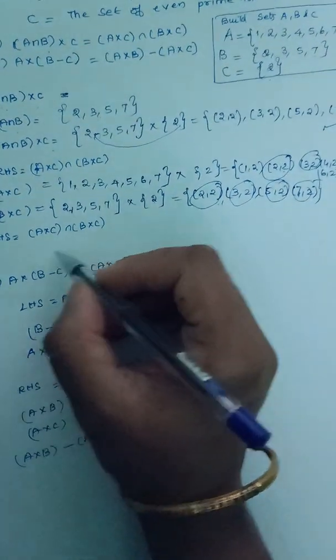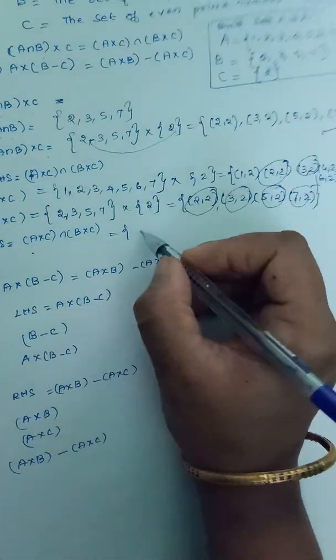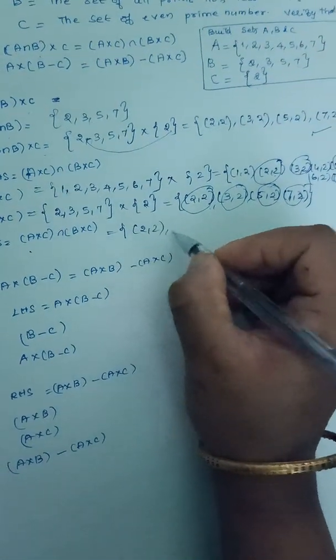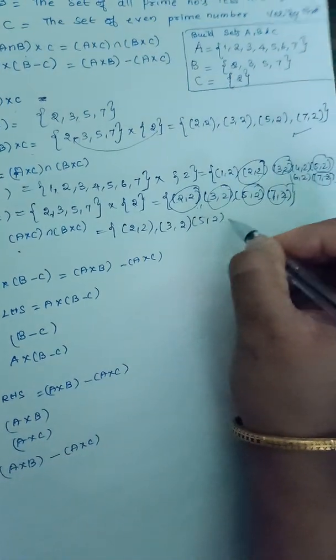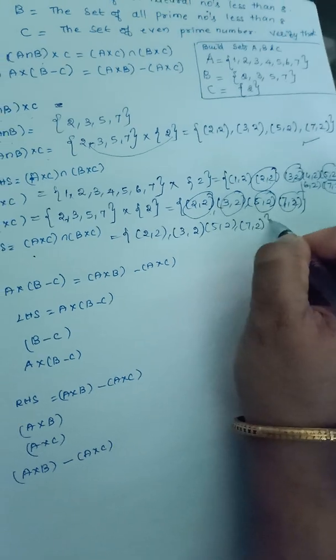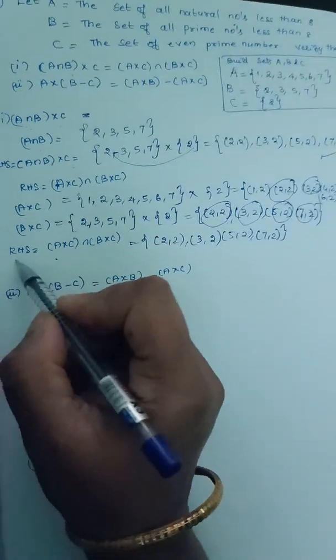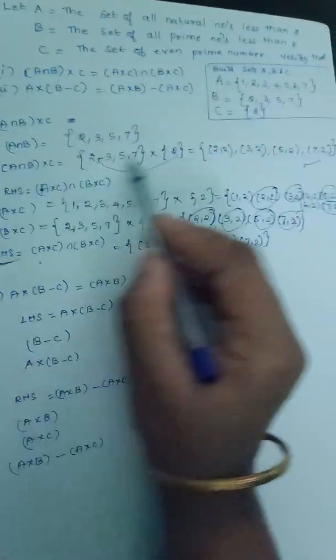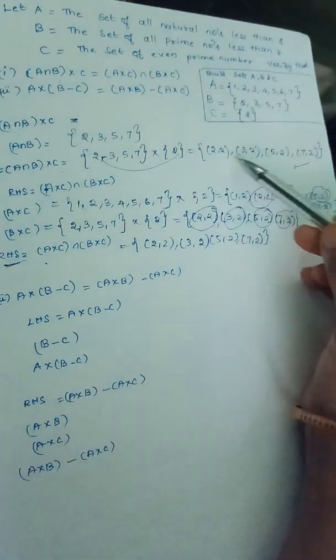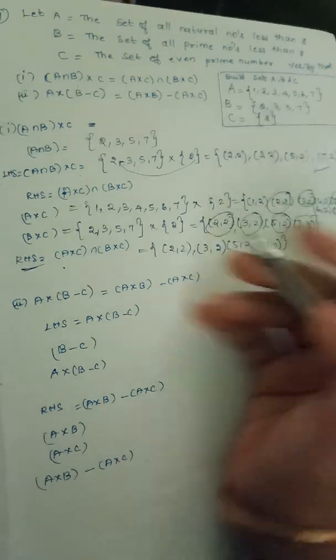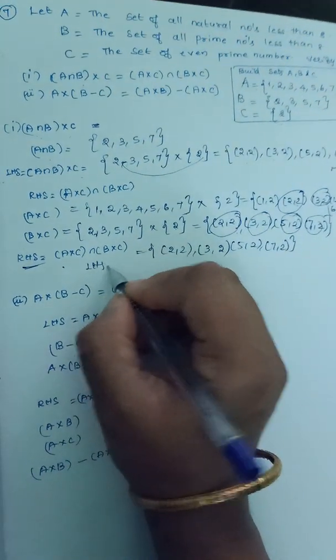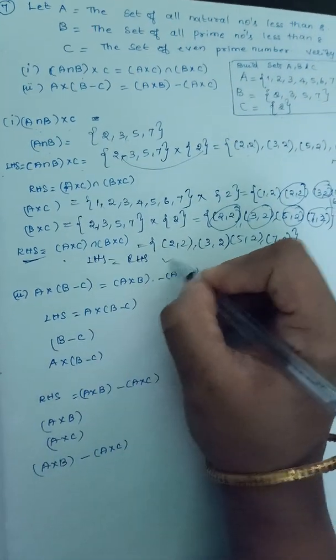So we can write it down: equal to (2, 2), (3, 2), (5, 2), (7, 2), only the common elements because it is an intersection. So this is our RHS. You can look at LHS now. Whether both are the same. Yes, here also all the ordered pairs are the same. So we can write LHS equal to RHS. Okay, this is true now.